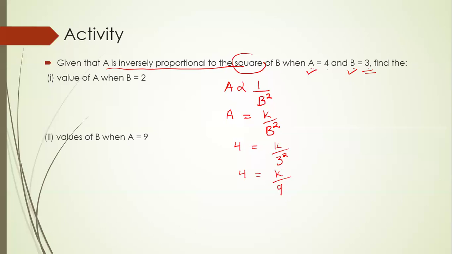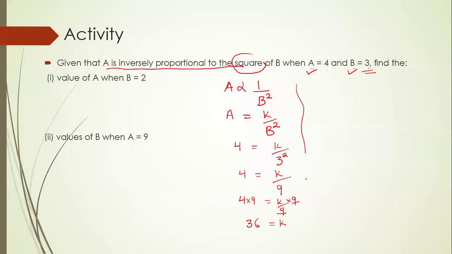Now our task is to get K. You can cross multiply, so 4 times 9 is equal to K over 9 times 9. Those cancel. What is 4 times 9? That is 36. So 36 is equal to K.